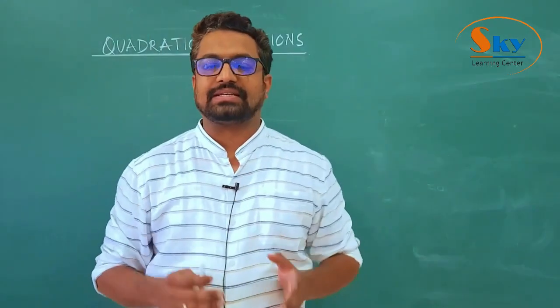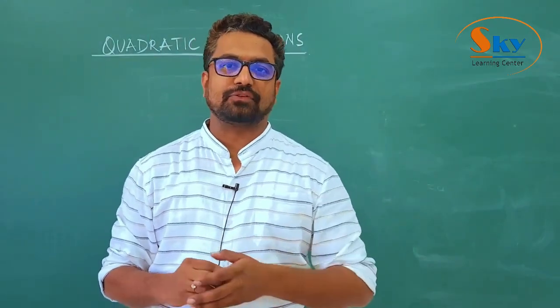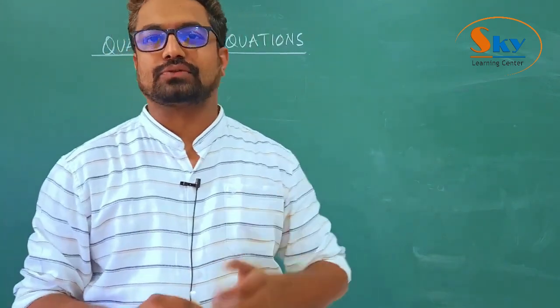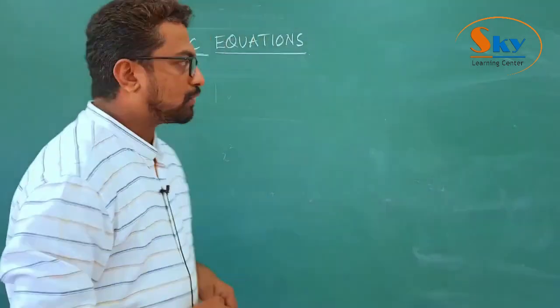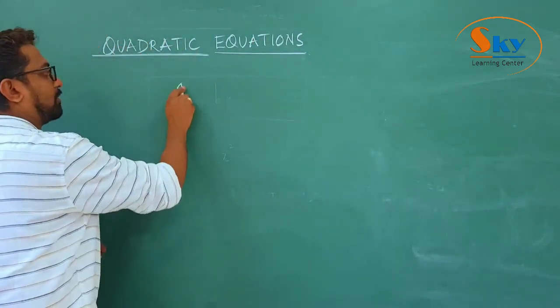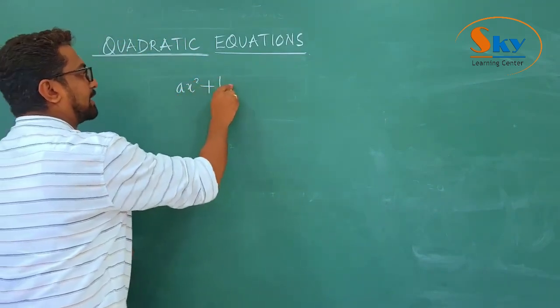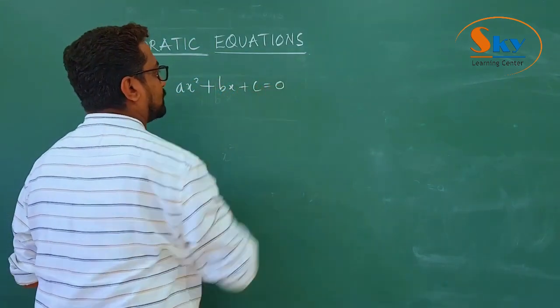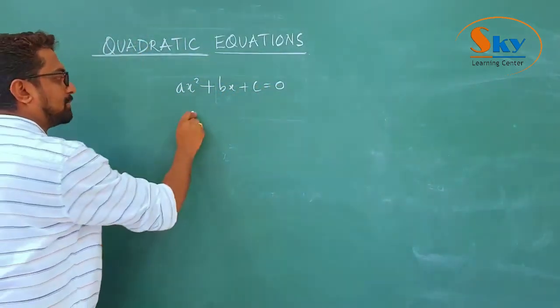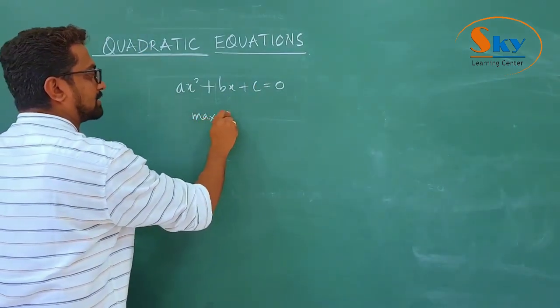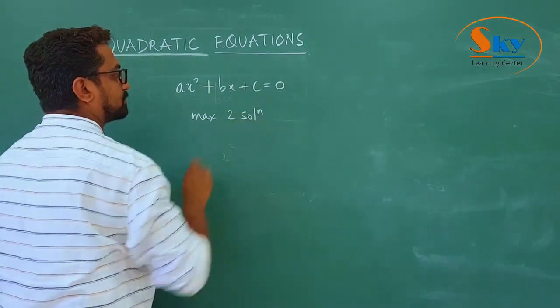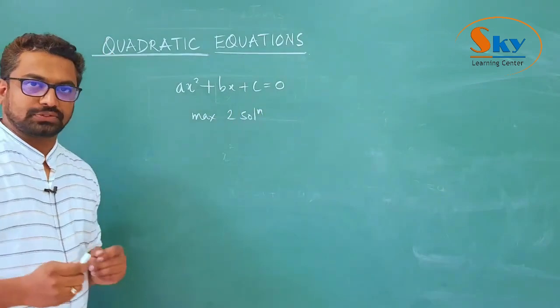Okay, so now we will see how many solutions there are for a quadratic equation and how to solve those quadratic equations. A quadratic equation of the form ax square plus bx plus c equals 0 will have a maximum of 2 solutions. So what do we mean by maximum 2 solutions?